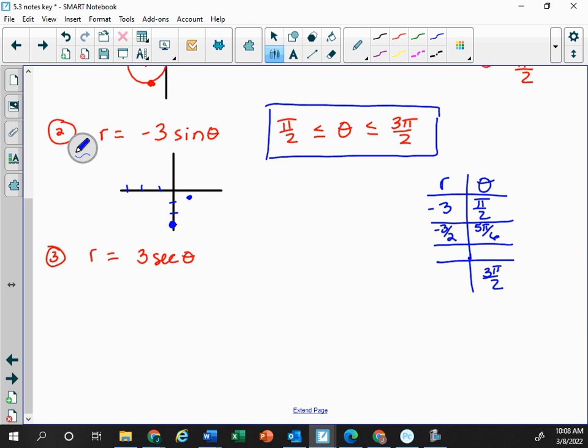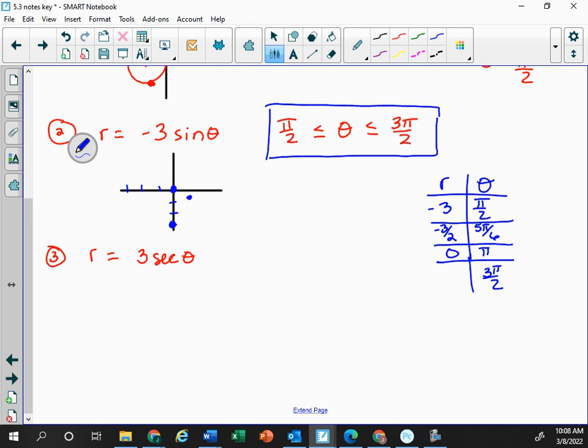Before I get to 3 pi over 2, what else might I want to pick? What's another good theta value to pick? We could do pi, sure. What do I get with pi? 0, yeah.